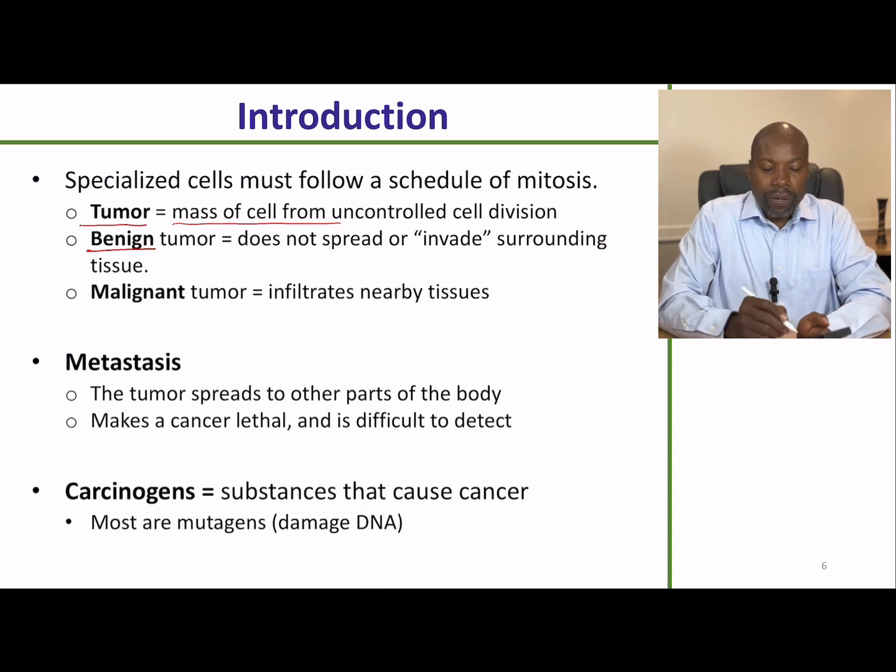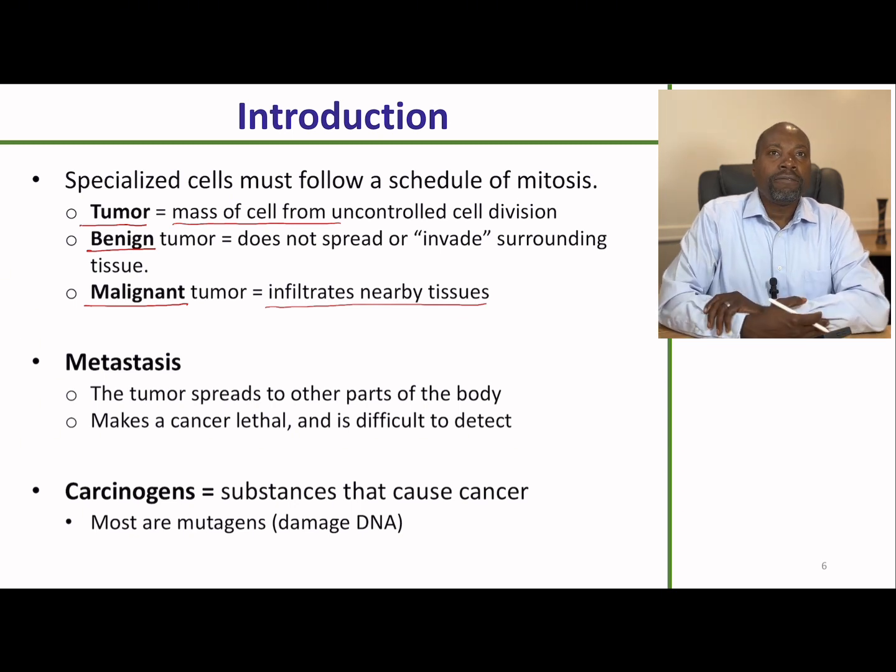However, we have another type of tumors that are malignant tumors. These malignant tumors, because of blood vessels and lymphatic vessels, and because of the loss of these cells' ability to attach to each other, are going to actually go into circulation through the bloodstream or the lymphatic vessels and be able to invade nearby tissues.